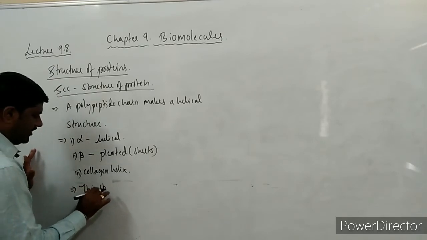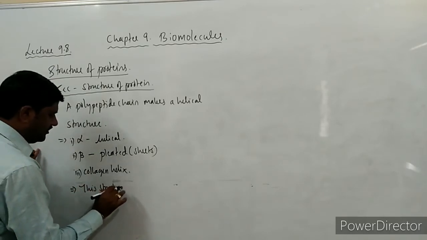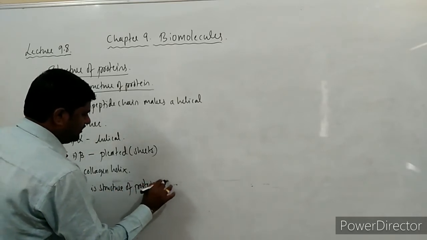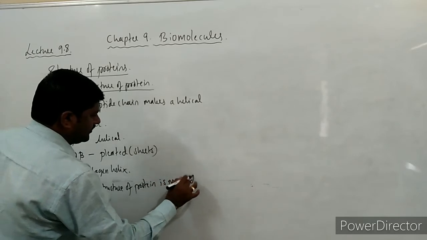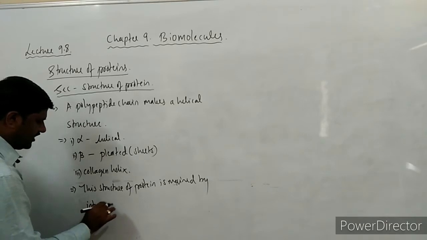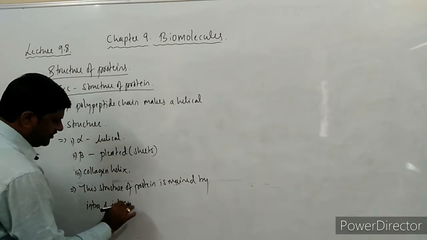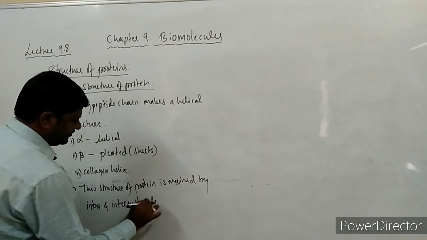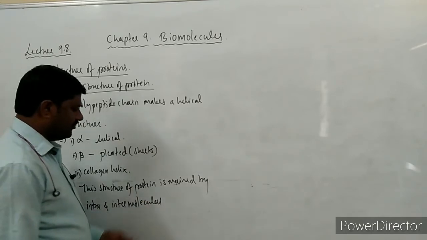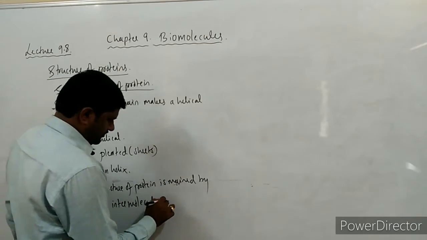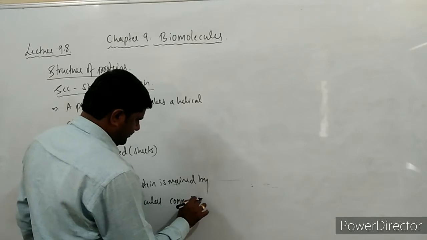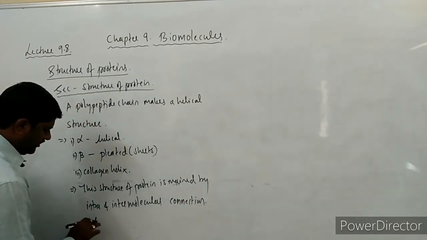So the secondary structure of proteins is maintained by intra as well as intermolecular connections. See here, intra and intermolecular connections are made by the hydrogen bonds.